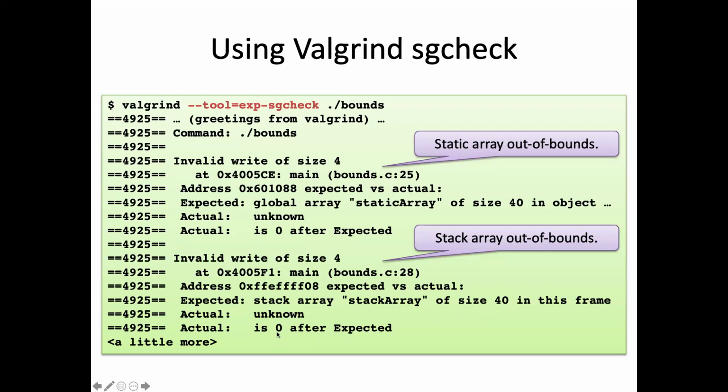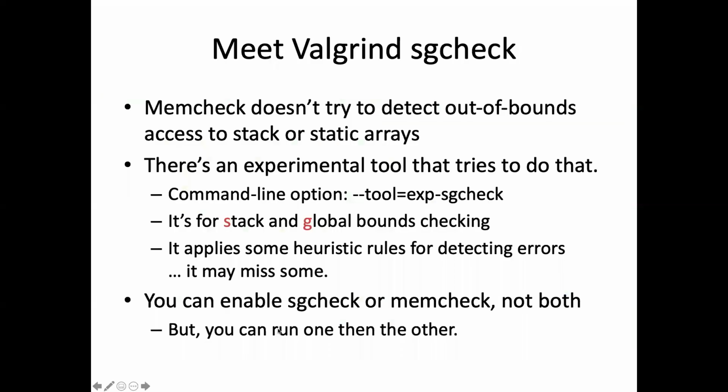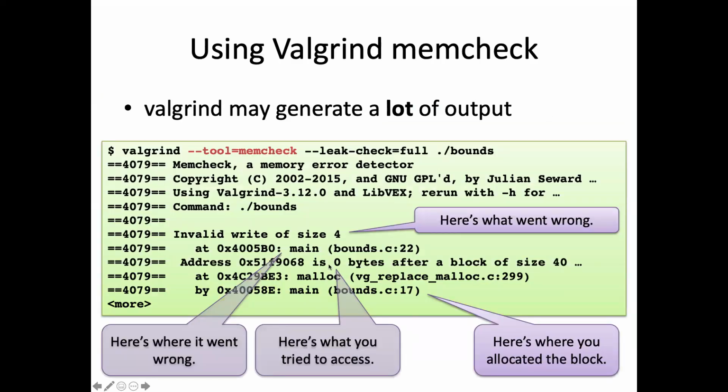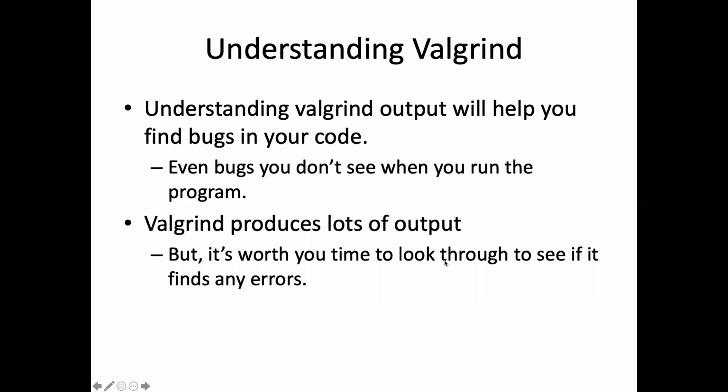The 0 bytes after it means the start of the int you tried to write, the one that was out of bounds, was right past the end of the array. Even though you're right that the last byte of it was further into memory, the starting address of the memory you tried to write to was right off the end. So that's how I read this 0. And like I showed a moment ago, you can see the same thing happening here with 0 bytes after a block of size 40. Okay, thank you. No problem.